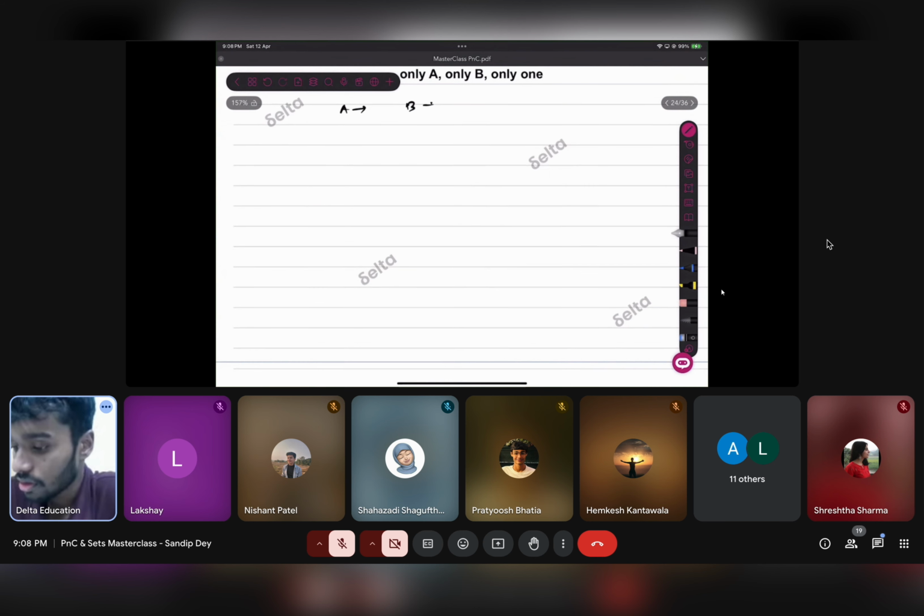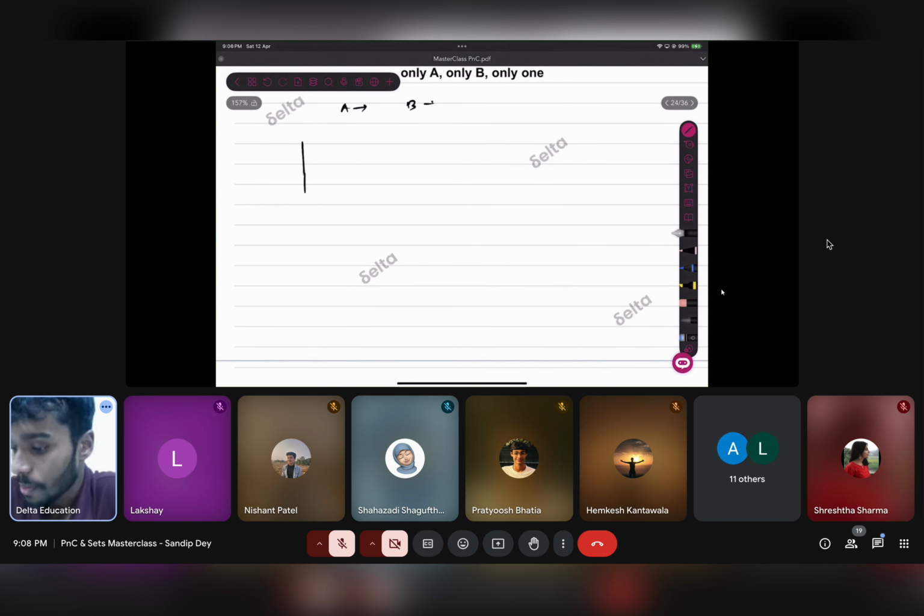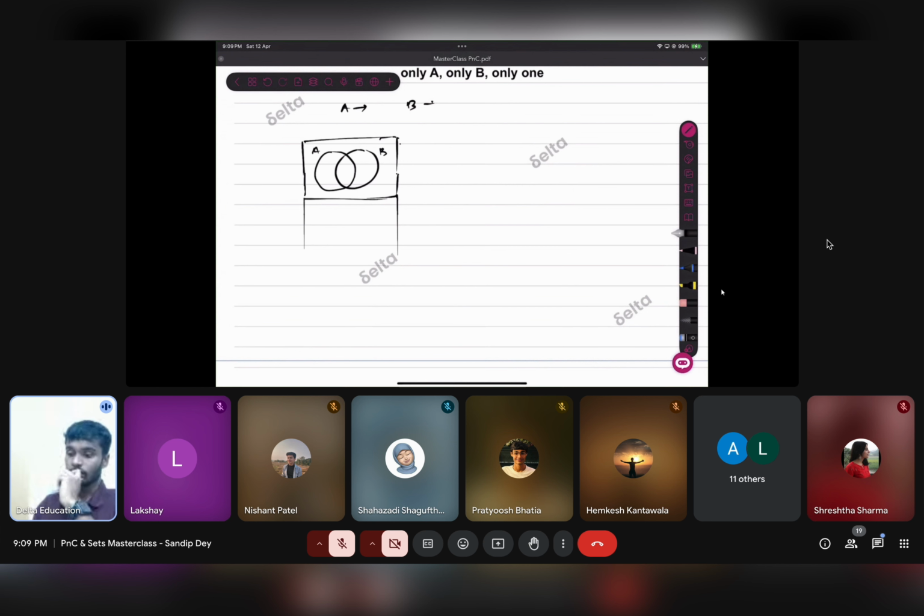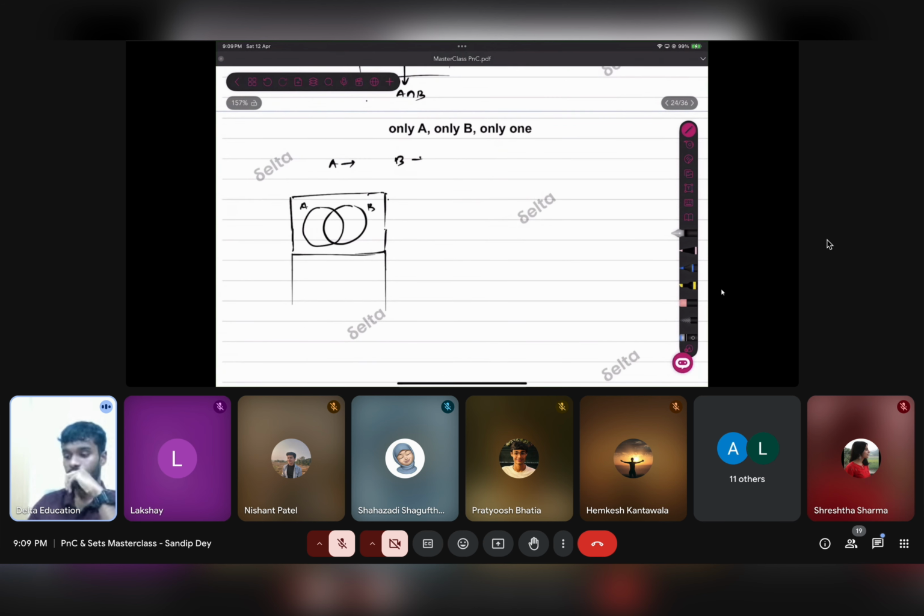Okay, so now let's move to only A, only B kind of concept. So let's first make the Venn diagram. So this is my set A, this is my set B. If I want to say only A, which portion should I select? What do you mean by only A? All the elements that are only present in A, they are not present in B, right?